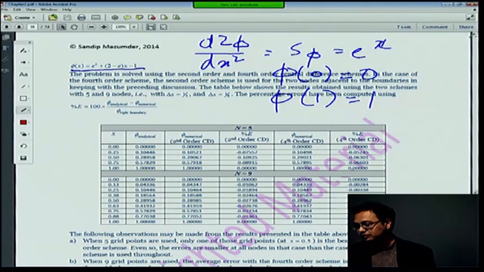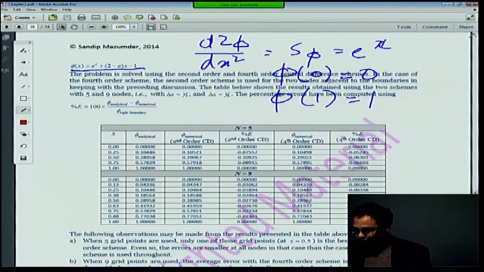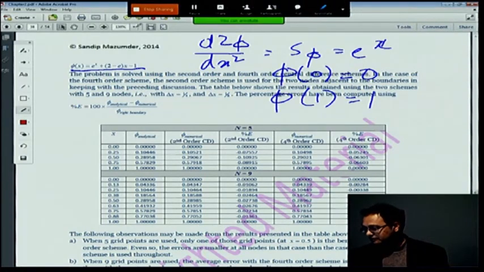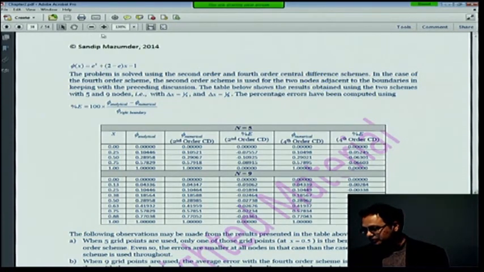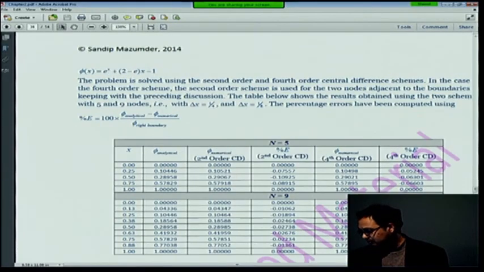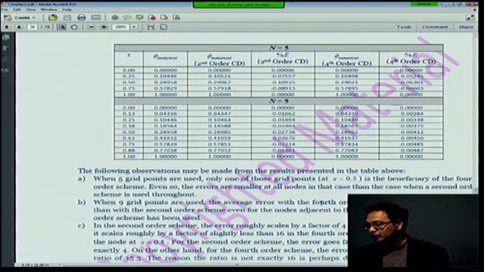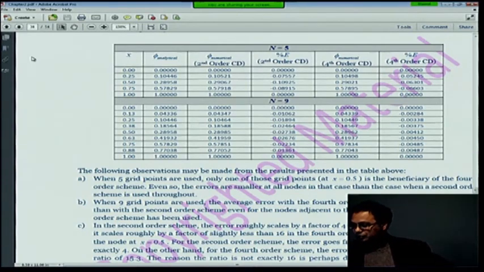What I'm showing here is, let me make this screen a little bigger so you can see the numbers. With a very coarse mesh, 5 nodes and 9 nodes, we can really look at the impact on accuracy. What you see here are percentage errors.